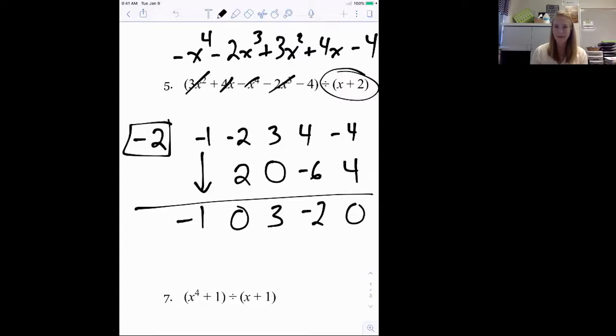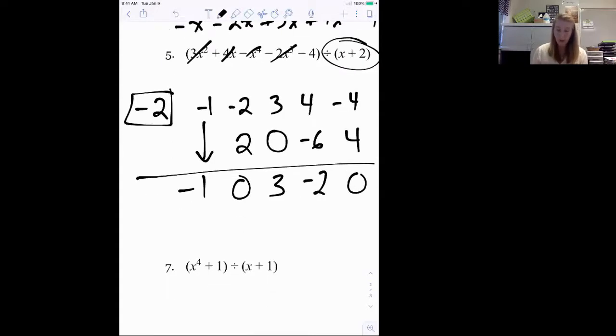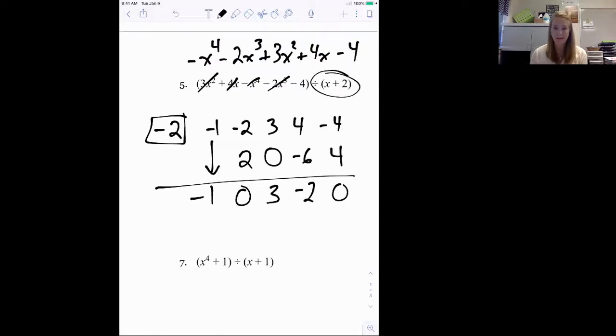Add. Yay, we got a 0 at the end. So I know what my quotient is. My biggest exponent this time in my dividend was an x to the 4th. So I'm going to go 1 down from that. So this is -1 goes in front of an x cubed term. That's an ugly 3. Let's try again. How many x squareds do I have?